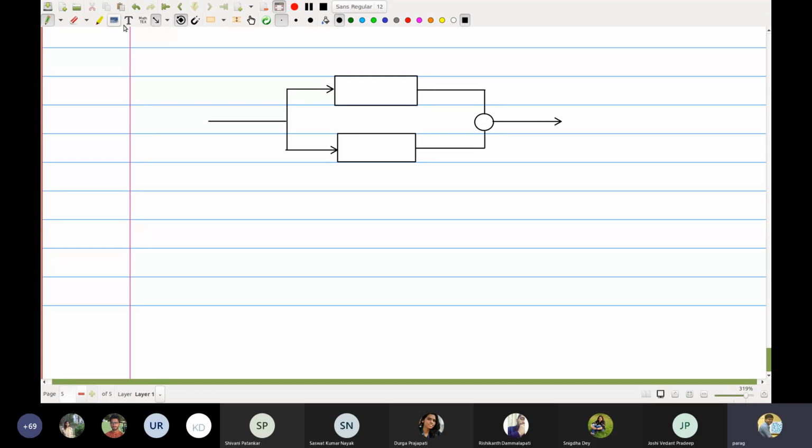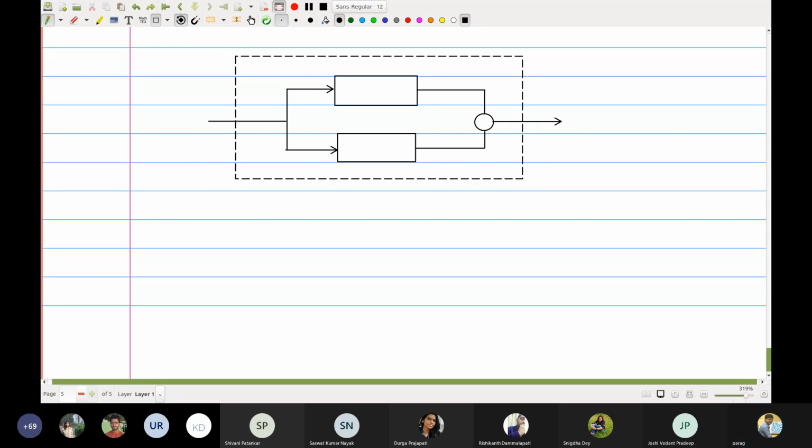Okay, so now in our input output model, your overall system would look something like this.